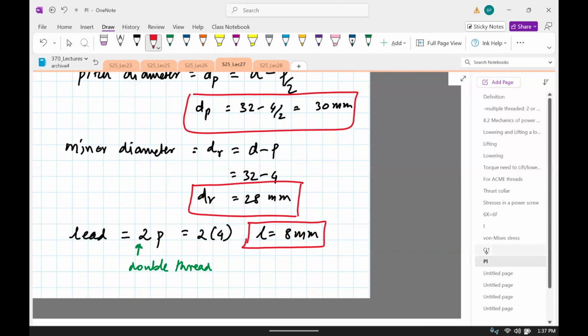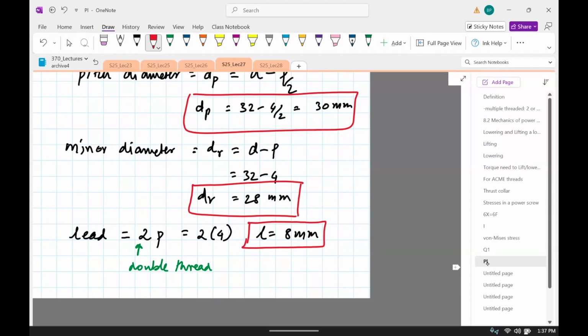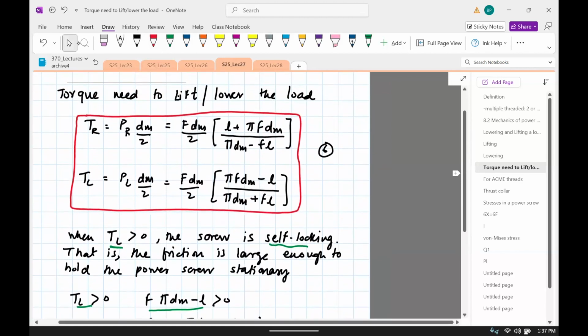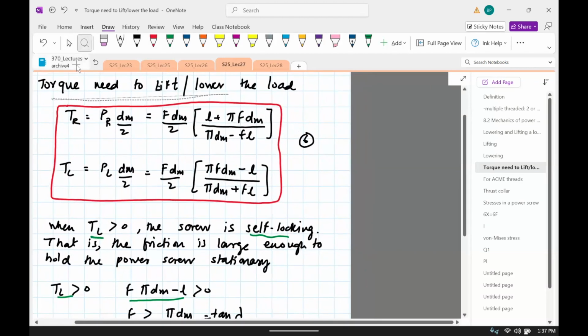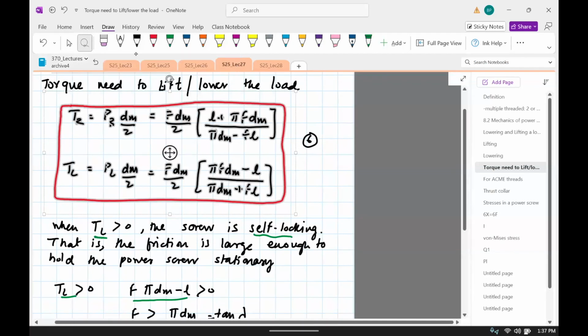Okay, next, torque needed to raise and lower the load. There are a bunch of formulas which we just have to use. Torque needed to, here, copy.